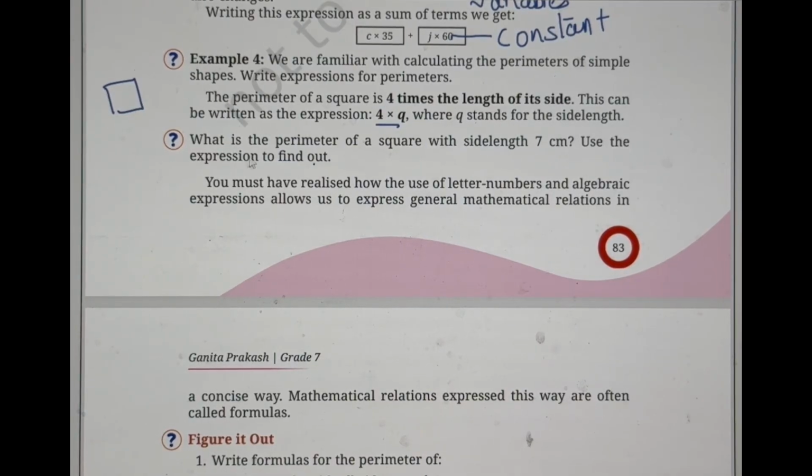What is the perimeter of a square with side length 7? 4 into Q, that is 4 into 7. 4 sevens are 28 centimeters. We also learned the perimeter of a rectangle, 2 into L plus B. This is also an expression.